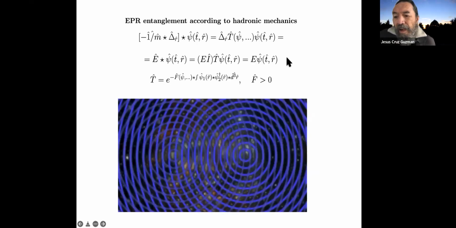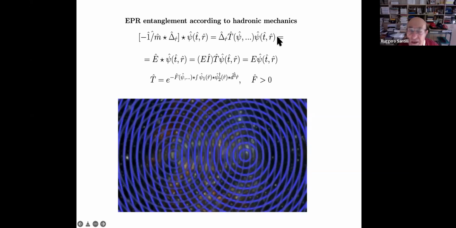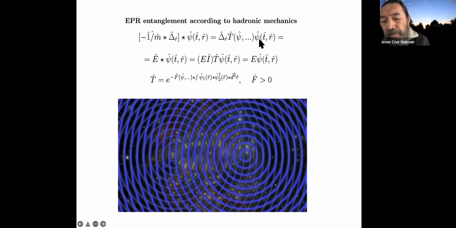And I think that this is the problem with the Einstein argument, because he thinks that when the particles are apart, then if we make one measurement on one particle, the other is not part of the system. And this is the problem.